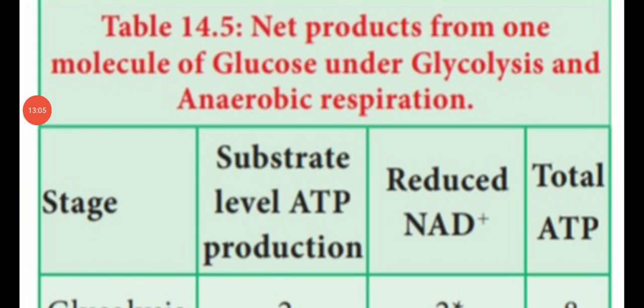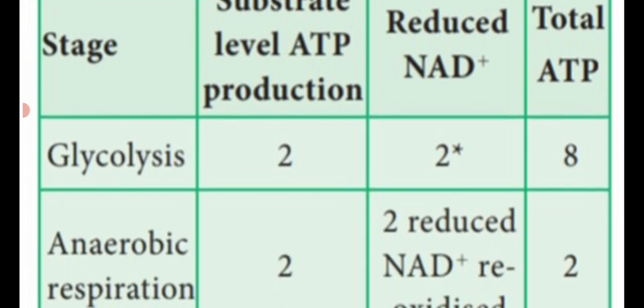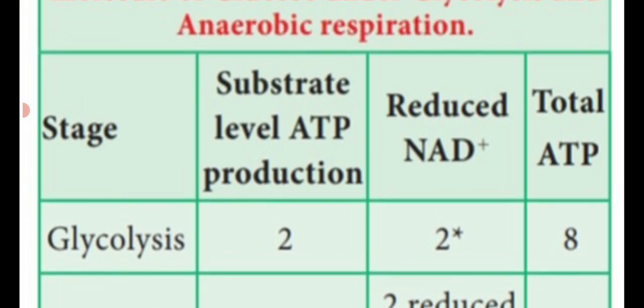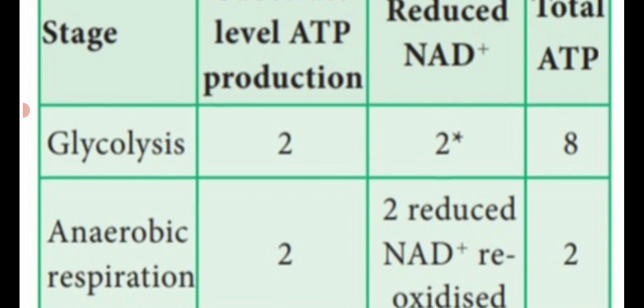Dear students, this is another table showing the net product from 1 molecule of glucose under glycolysis and anaerobic respiration. Glycolysis: 2 molecules of ATP produced, reduction of 2 molecules of NAD, and a total of 8 molecules of ATP produced.